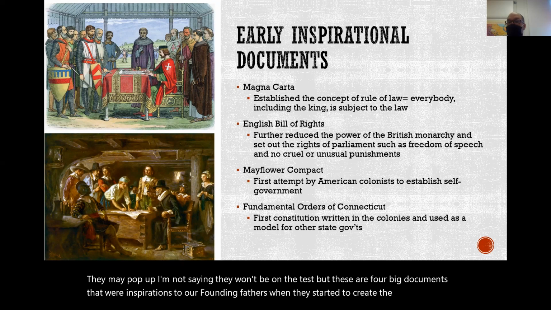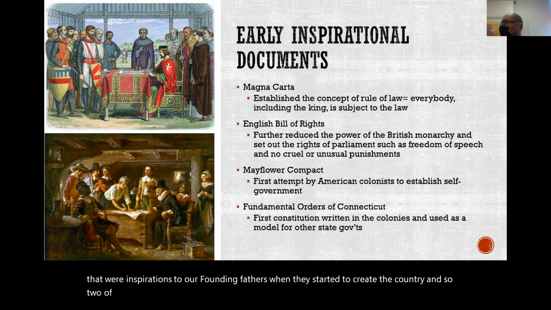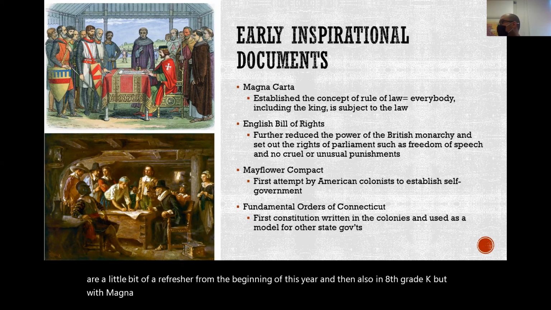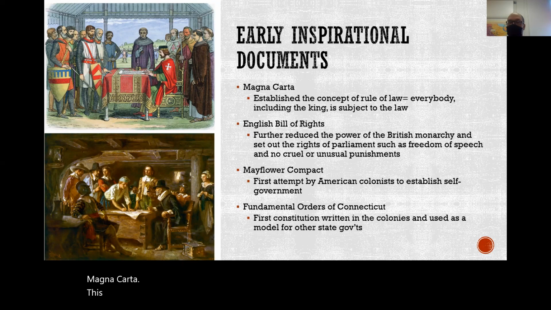So 2 of them hopefully are a little bit of a refresher from world history, and the last 2 hopefully are a little bit of a refresher from the beginning of this year and also from 8th grade. With Magna Carta, this is an English document. The king at the time, King John, was forced to sign this.